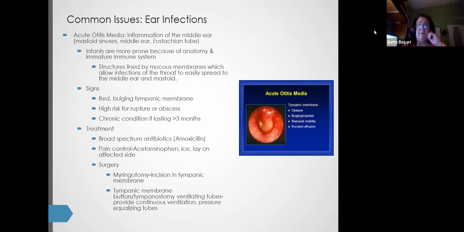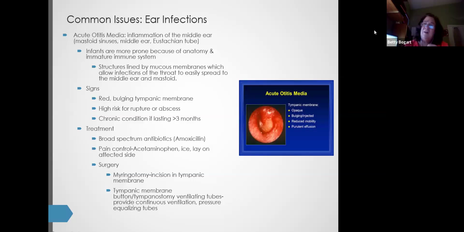So acute otitis media, common with children. Again, it's because of those short, wide open, straight tubes. And all that mucus the kids don't get rid of, and it goes up into the area of least resistance, those tubes into the ears. So what are you going to see? Well, this child's going to be hurting.